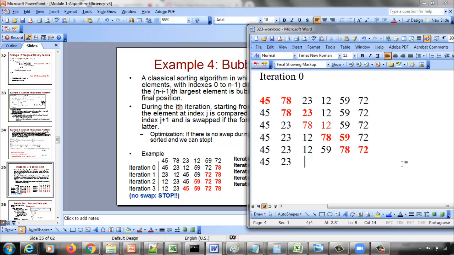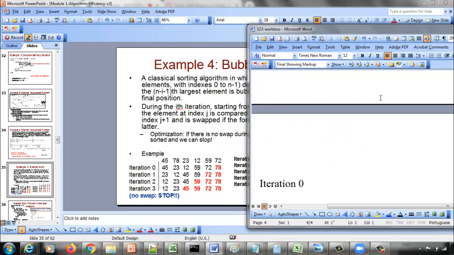So at the end of this iteration, we are going to have something like this. You notice that we started with this array, 45, 78, 23 and so on, and for that let me type the input array.